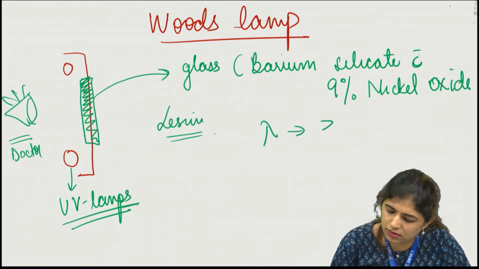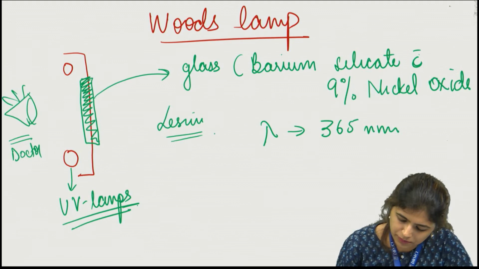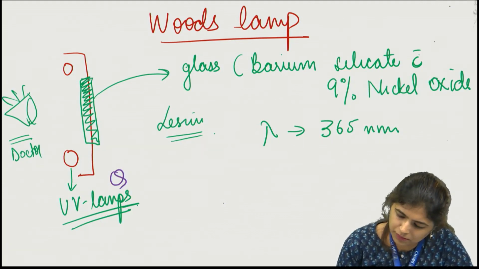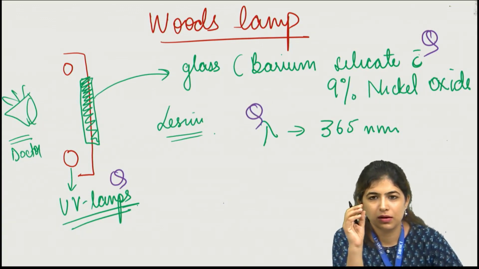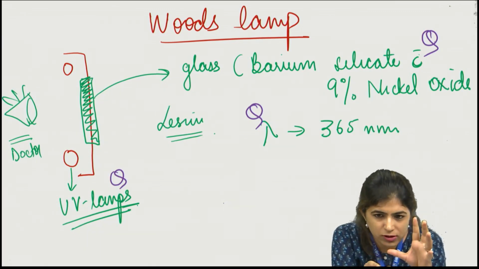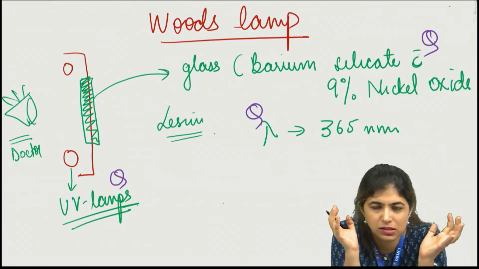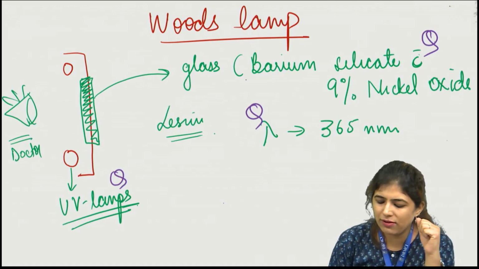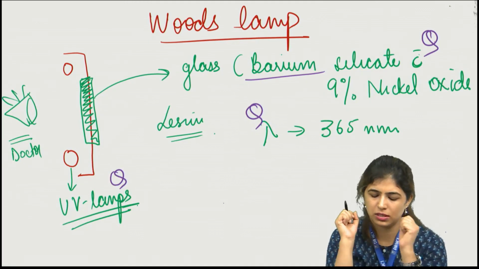Critical wavelength 365 nanometer. What is it? You go in a dark room, switch on the lamp, light falls on the lesion, reflects the light, and you see it through the glass. Whatever is the type of color that comes from there helps you identify the disorder.